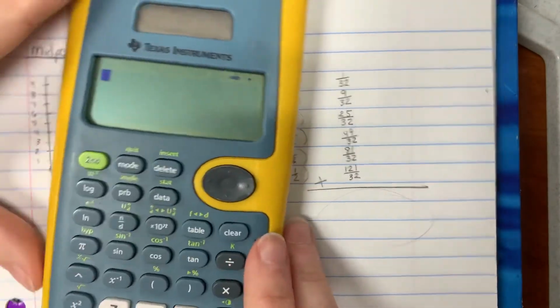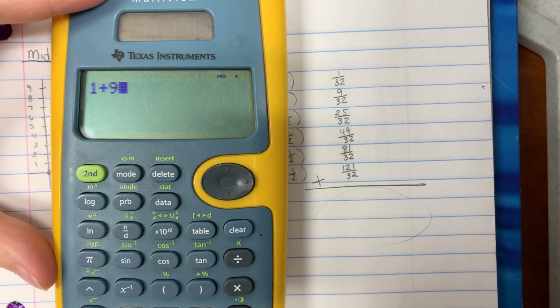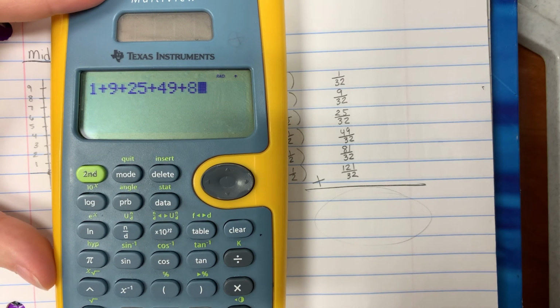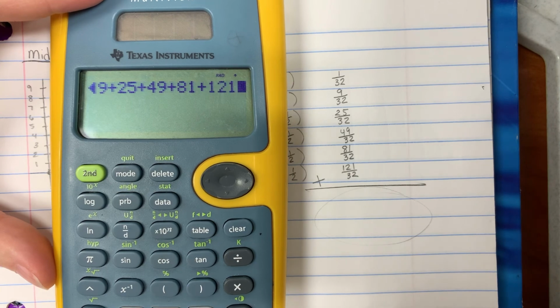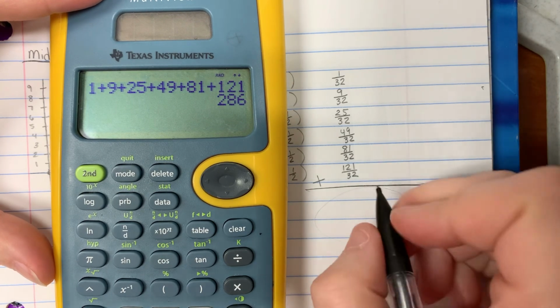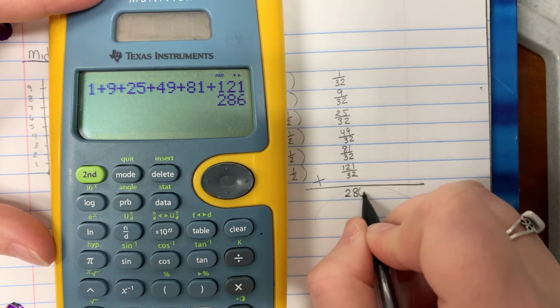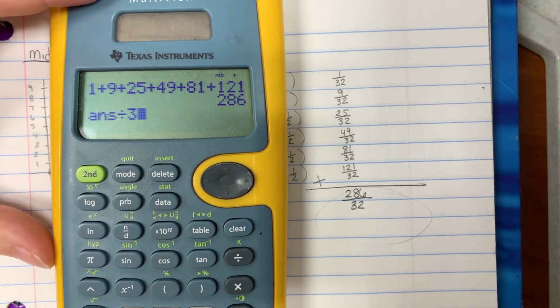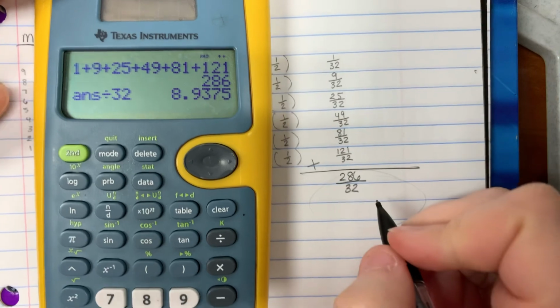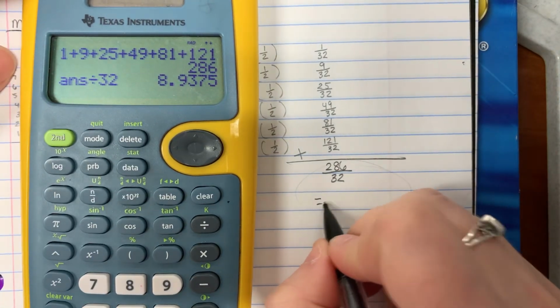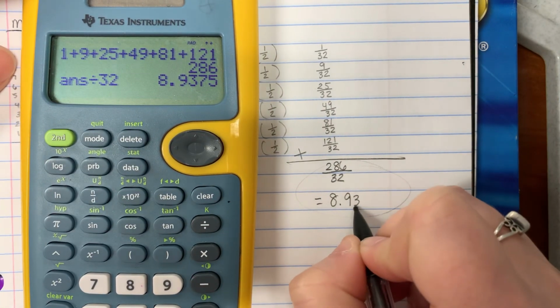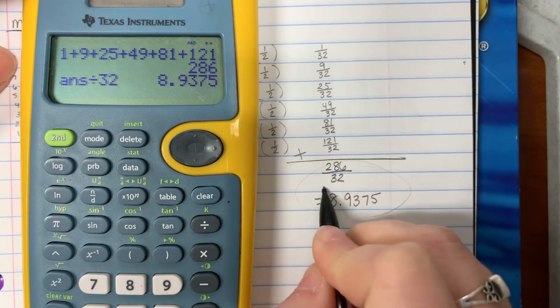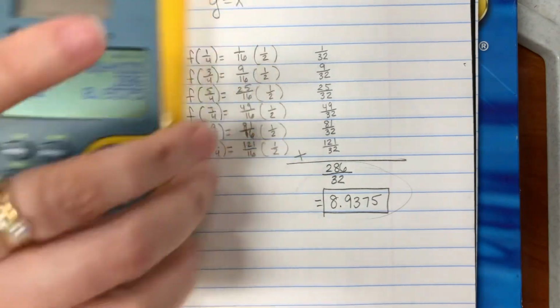So I've got 1 plus 9 plus 25 plus 49, 81, and 121. That gives me 286, so I end up with 286/32. So just take that value and divide it by 32, and you get exactly 8.9375. So that's my midpoint area.